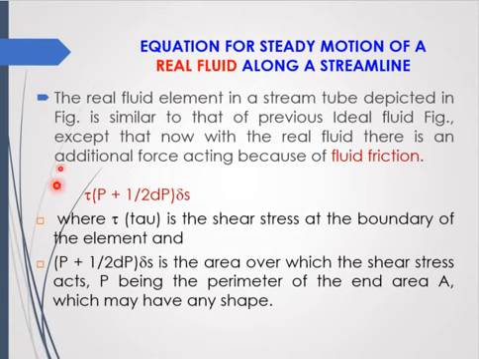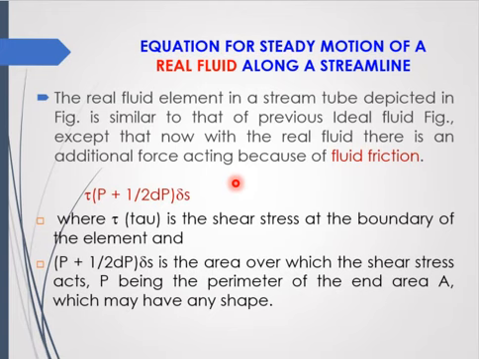We will follow the same procedure of writing the equation according to Newton's second law, summation F equals ma. We will write all the forces, then integrate and neglect the higher order terms.